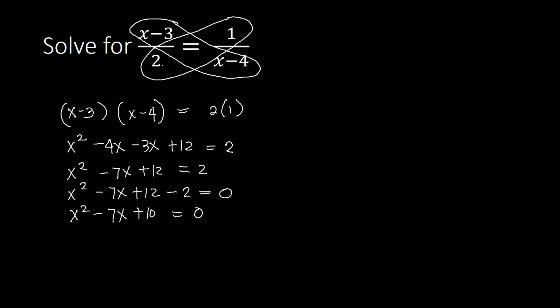Then factor it out. We are looking for factors of positive 10 whose sum is the middle term, negative 7. Since the sum is negative and the product is positive, the factors we're looking for are both negative.